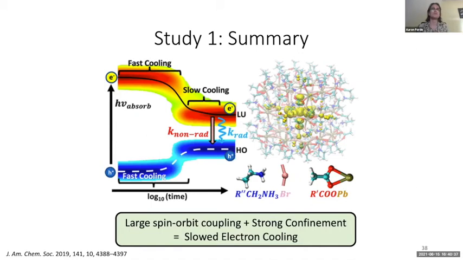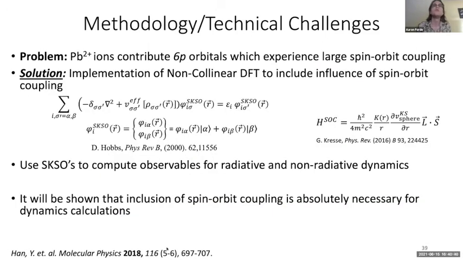I guess for this work, the methodology update is that we had to include spin-orbit coupling, so we have to update the methodology we use, which requires using non-collinear DFT, which produces spinor orbitals, so these phi I SKSOs, which allow us to incorporate the spin-orbit coupling energies into the simulations.